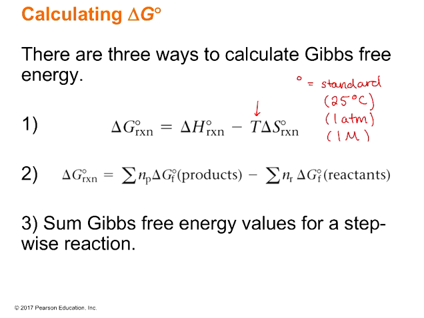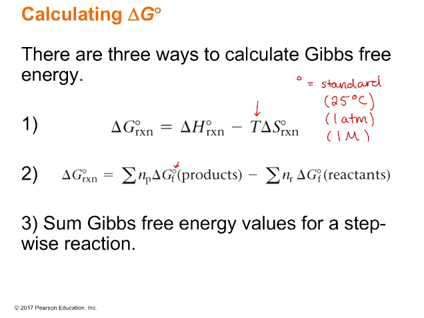Now, even though the measurements for enthalpy and entropy in equation 1 are done at 25 degrees Celsius, they don't change that much with temperature, so the temperature can vary for that equation. Now, in equation 2, we don't have a temperature term in that equation, and you'll notice that delta G of formation is also under standard conditions, so 25 degrees Celsius.